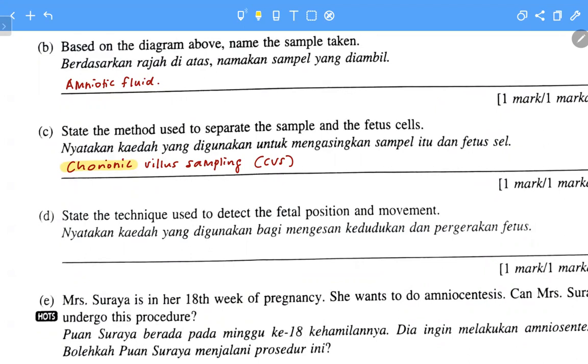So it's called the ultrasound technique. What the ultrasound technique does is that it uses ultrasound to view the shape of the fetus.